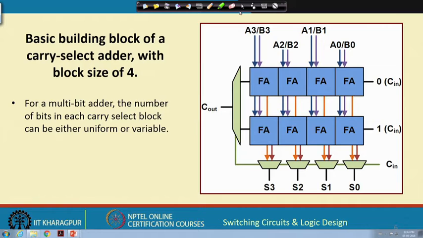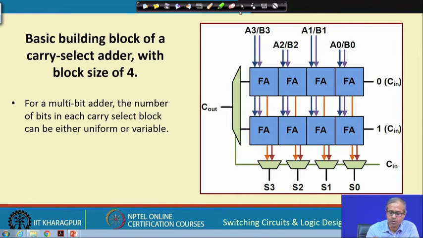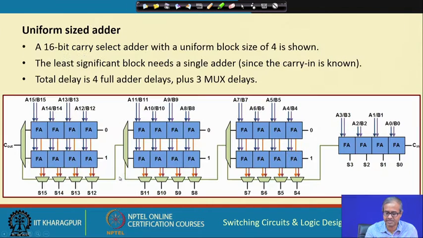So, this is an example where we have 4-bit modules. Now, the second thing is that if we have a multi-stage addition, the number of full adders in every stage can be either uniform or variable. Let us see.